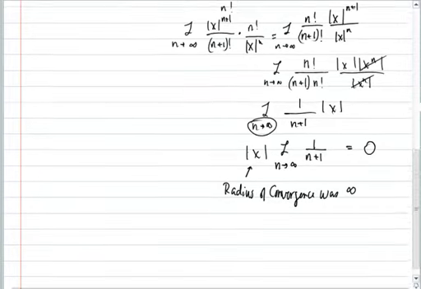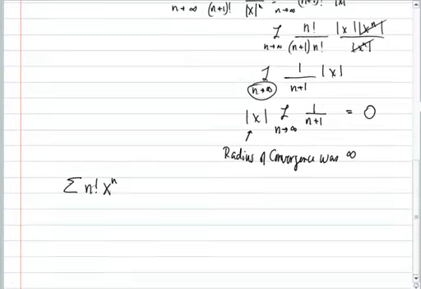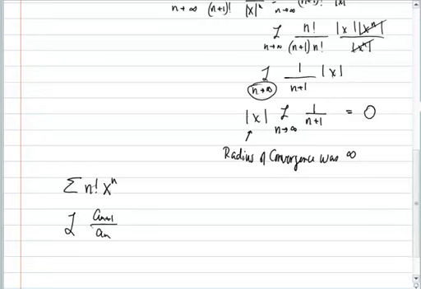Let's look at another example. Let's look at, for example, if we have the sum of n factorial times x to the n. We want to check that. So we'll check for absolute convergence using the ratio test. So we'll rewrite it as the limit as n goes to infinity of a to the n plus 1 over a to the n.